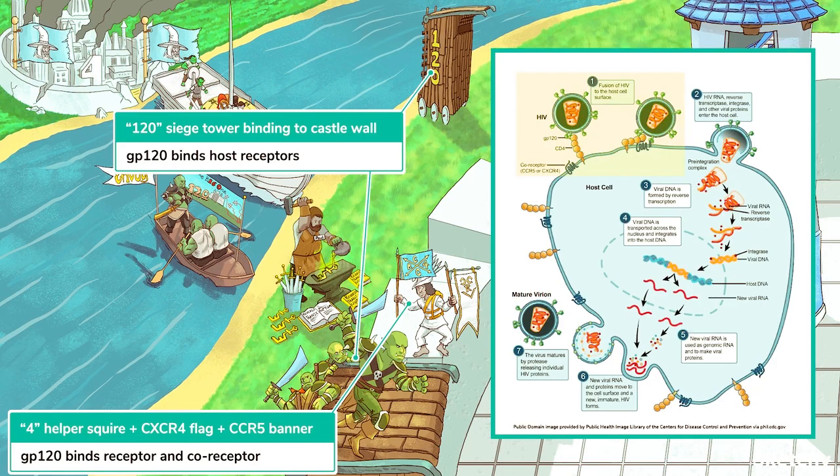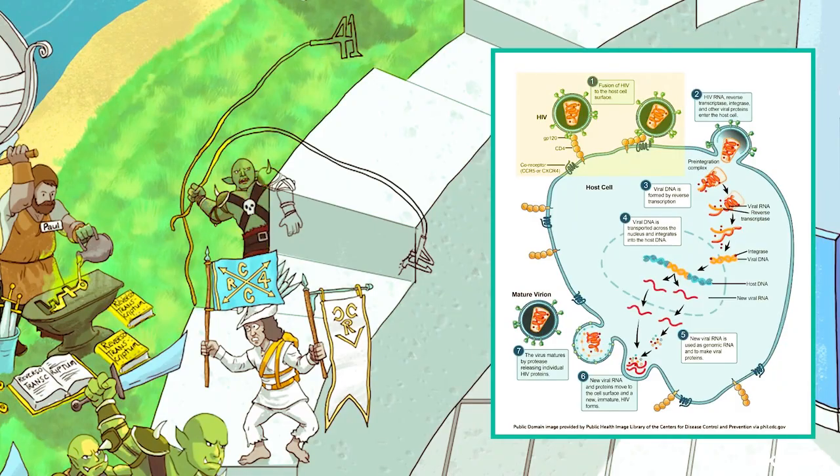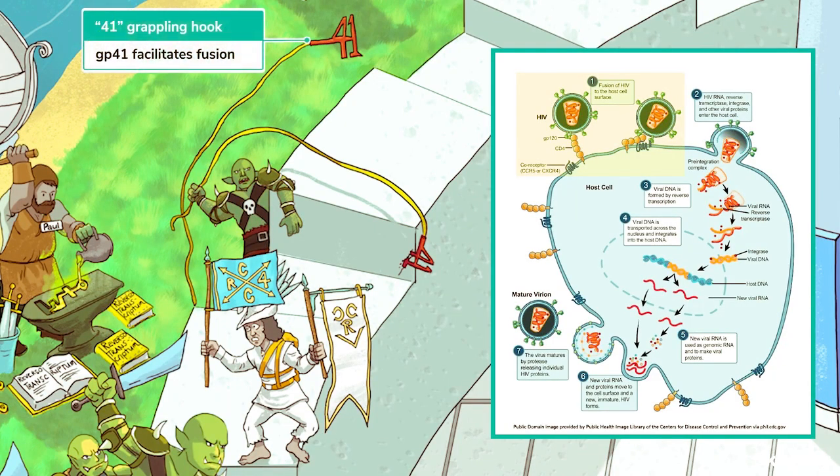Up there on the castle wall, our brave Helper T Squire is under attack. The siege tower is binding to the castle wall and preparing to unload its contents. While the GP120 siege tower is for HIV attachment, the GP41 grappling hook is for HIV fusion.